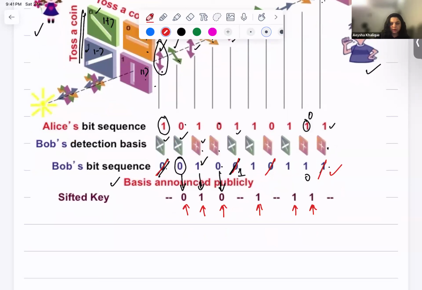The key string that is left is in fact half the original length, right? Which means that it is half the total number of qubits that have been shared. It is half the original length of the bit string that was supposed to be there, right? Because half the cases have been discarded.